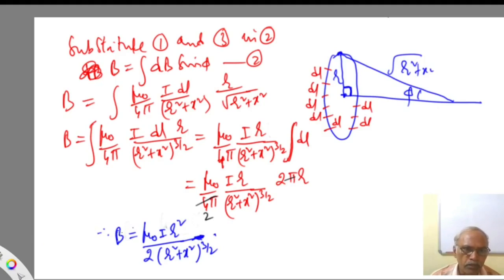Okay. So up to this you have to learn. This is the derivation for magnetic field at a point on the axis of a circular loop.